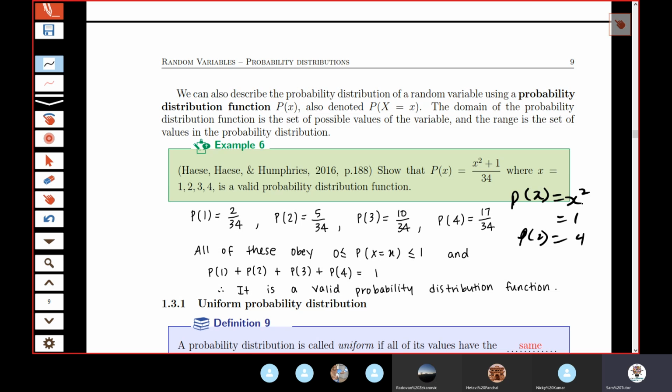So this would never be a probability distribution function for 1, 2, 3, 4, because it just won't work. It could work for smaller numbers, but not for 1, 2, 3, 4.